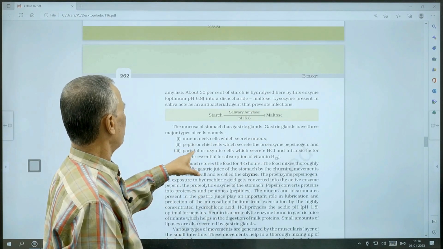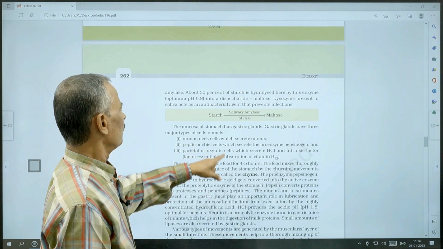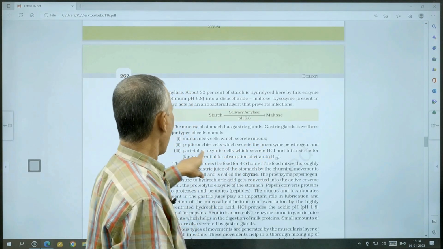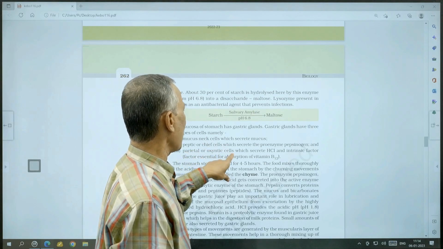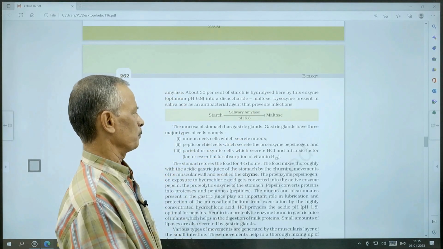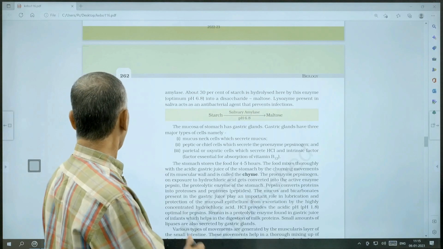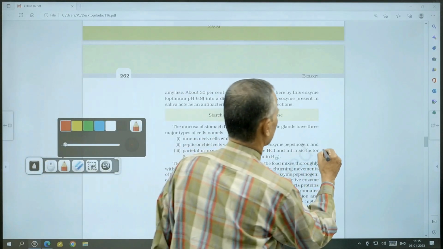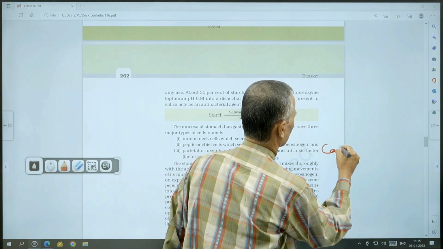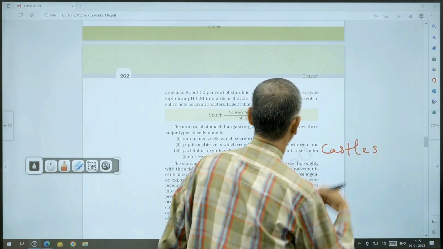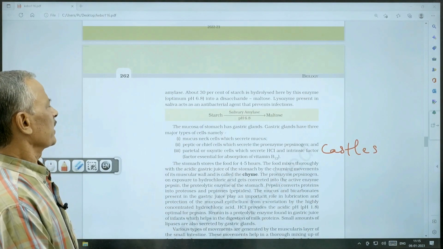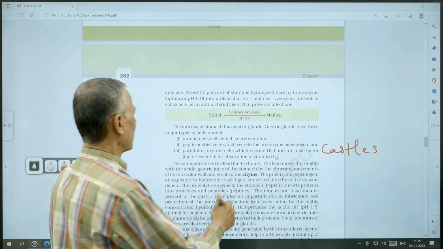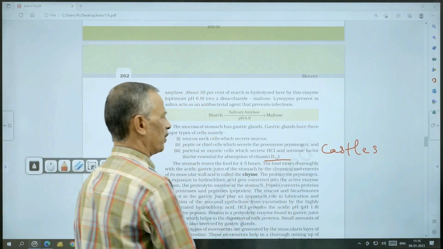Third, parietal cells or oxyntic cells, which secrete HCl and intrinsic factor, called Castle's intrinsic factor. This intrinsic factor is highly essential for the absorption of vitamin B12.